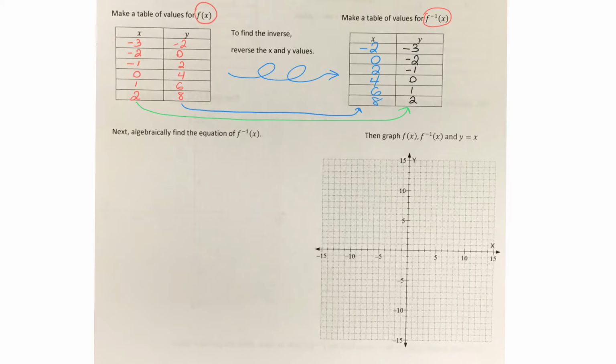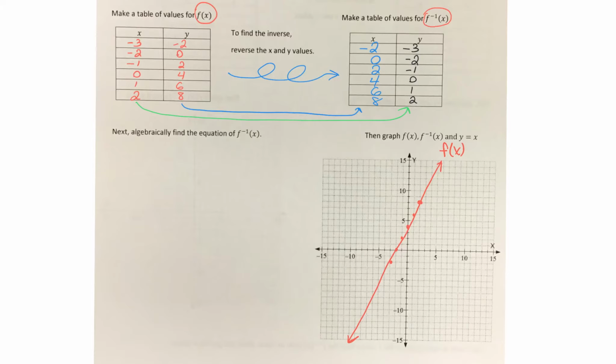I'm going to graph negative 3, negative 2; negative 2, 0; negative 1, 2; 0, 4; 1, 6; and 2, 8. Okay? So I've got this nice linear line, connect my points. It's going to look like that. Make sure you label this. So this is my f of x.